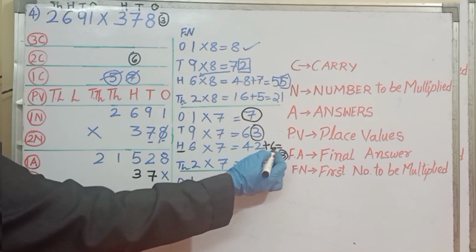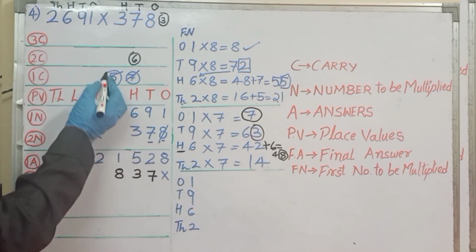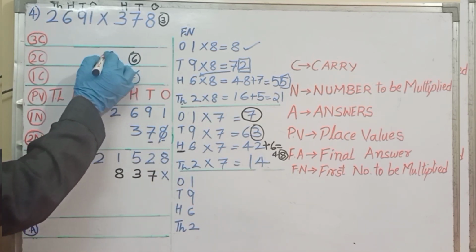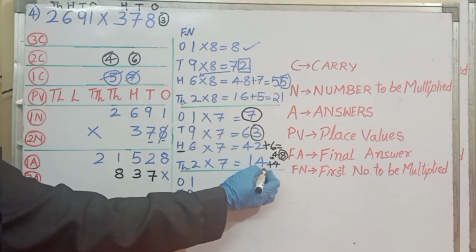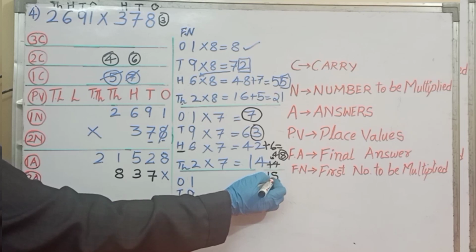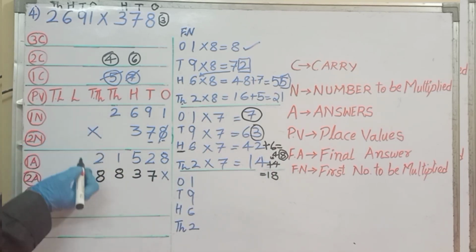So I'll write 8 here. Then this 4 will go as a carry to its thousands place. So that 4 I'll add here. 14 plus 4 is 18. We'll write 18 here. Since there are no numbers to be multiplied, we will write 1 also here.